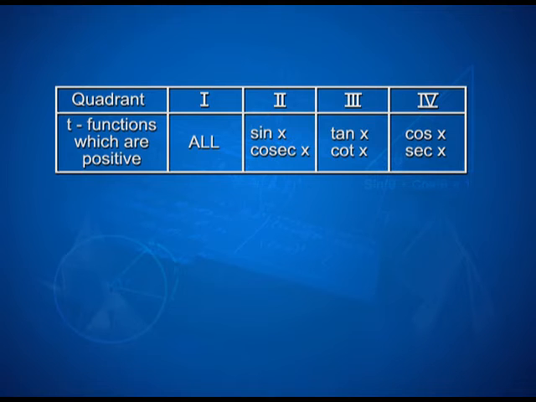In the first quadrant, all the trigonometric functions are positive. In the second quadrant, sin x and its reciprocal are positive. In the third quadrant, tan x and cot x are positive. In the fourth quadrant, cos x and sec x are positive.